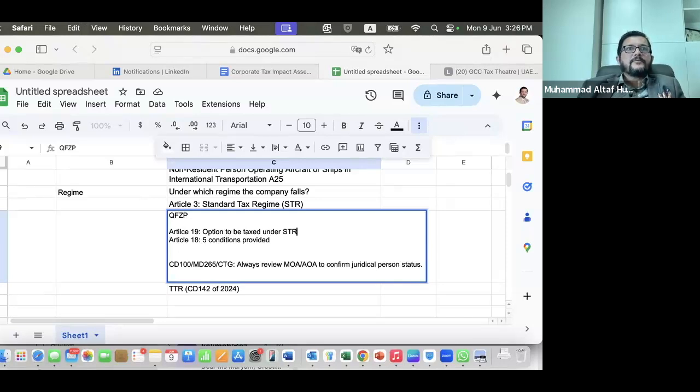If you are not taking the option, we should put it as a stop, as the first thing. Even before looking at Article 18, first we should look at 19. If they've opted, everything is gone. Then start Article 18, 5 conditions provided. Clause E opens the review of CD 100 and MD 265.